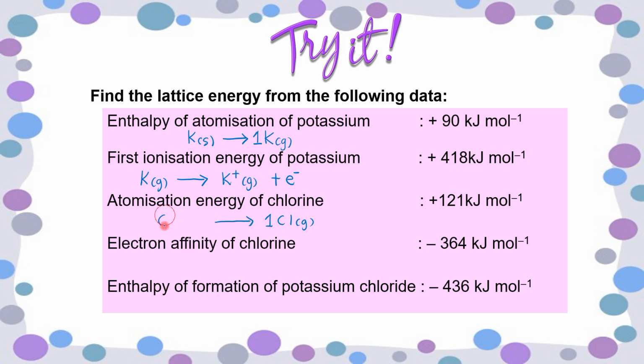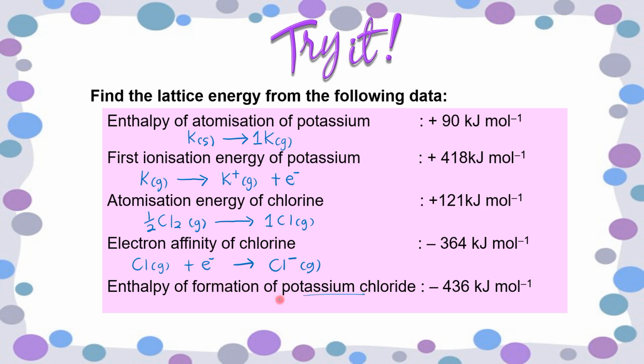The element exists as Cl2 in gas. So kena balance kat depan ni, times half. Electron affinity, which means it comes from Cl gas, gains 1 electron and produces Cl minus gas.